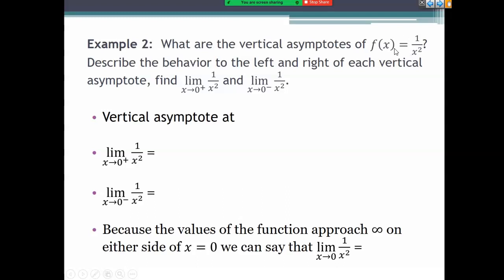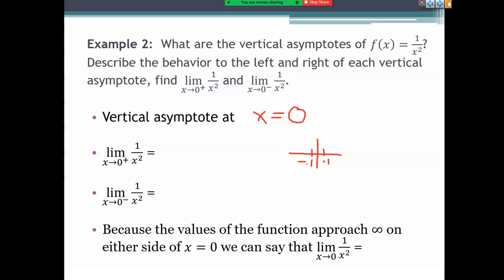Okay, let's look at this example. We have 1 over x squared. Where's my vertical asymptote? Okay, what's happening to the right? What's happening to the left? So that's like plugging in 0.1 and negative 0.1.